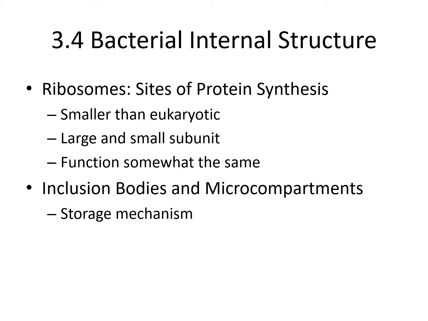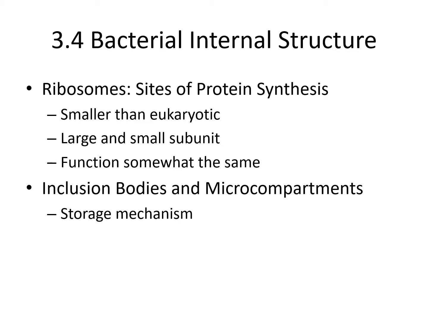Now, with prokaryotic cells, you're not going to have organelles. Okay, no internal membranes and things like that, no Golgi, no ER. But you might have things that are known as inclusion bodies or microcompartments. Inclusion bodies are a storage mechanism.